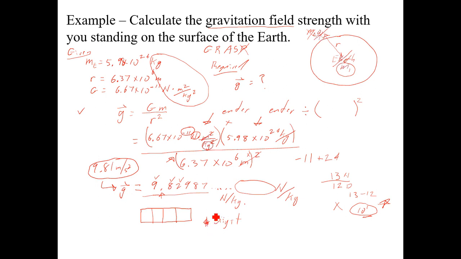So actually for this one, they would be asking for a 3-digit answer. The decimal would go in this box here, and that's not a digit. All of the other ones are. So it's 9.8, but now you need to make sure that you take a look at the next number, because this one gets rounded up to a 3, and this would be your correct answer, 9.83 newtons per kilogram.